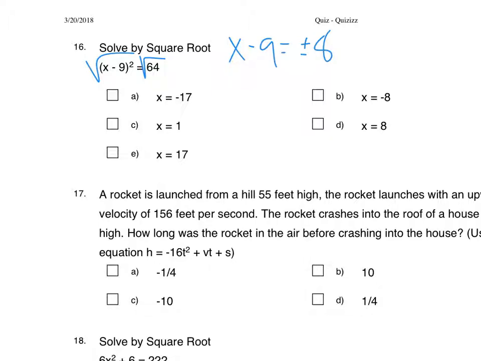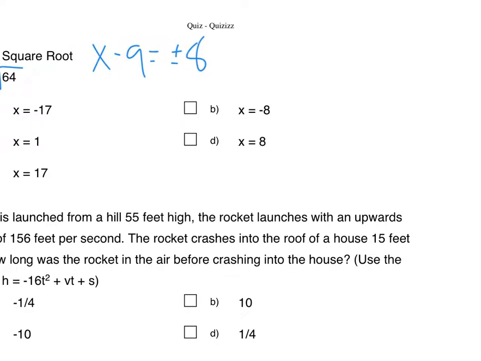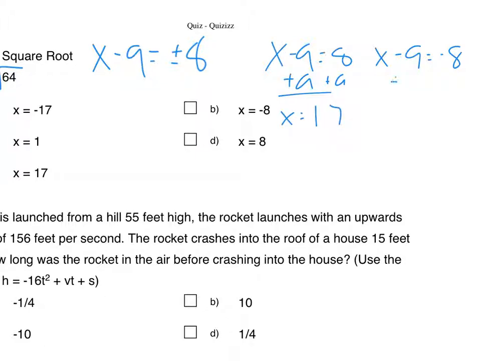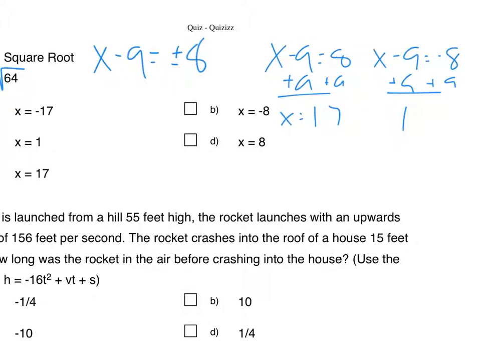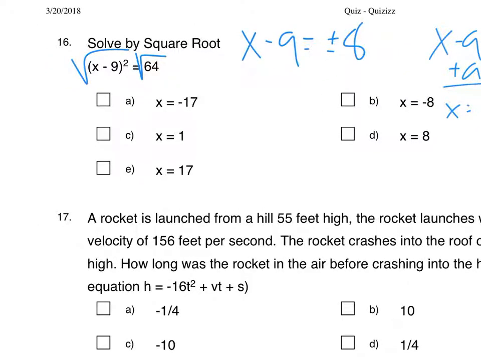And then you guys were adding 9, but what you really need to do here is write two equations. X minus 9 equals positive 8, and x minus 9 equals negative 8. Add 9, and you get 17. Add 9, and you get 1. So C and E.